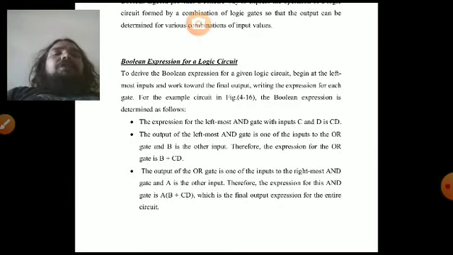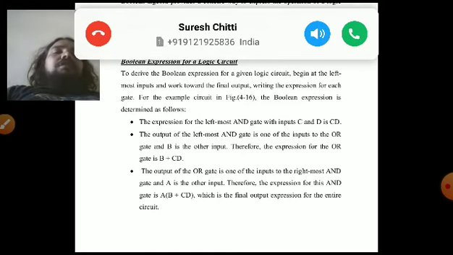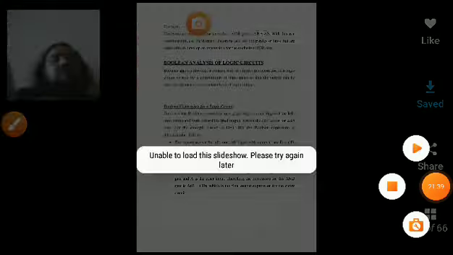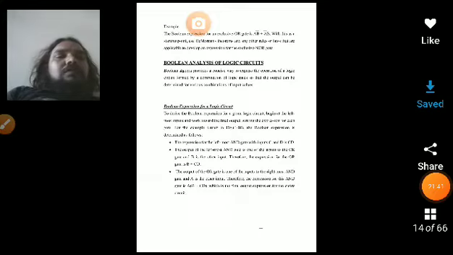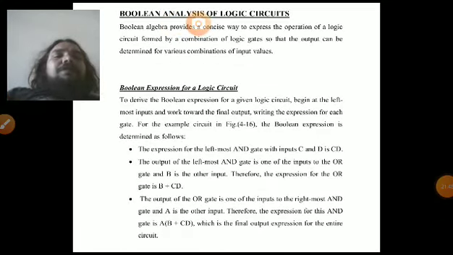Boolean expressions for a logical circuit.